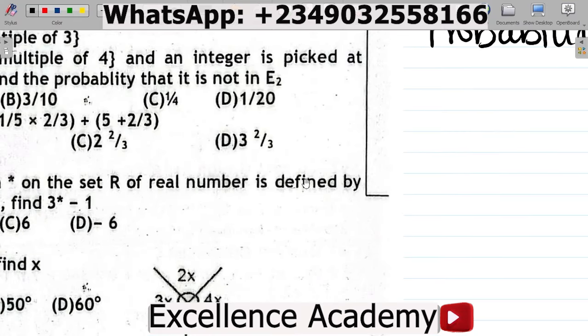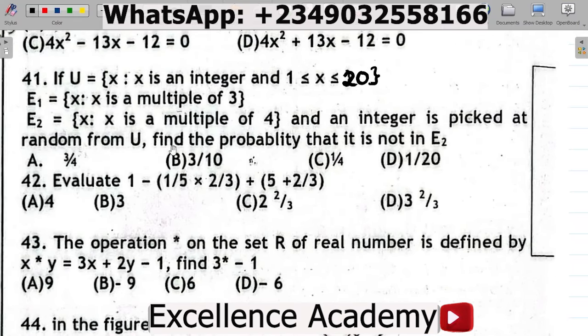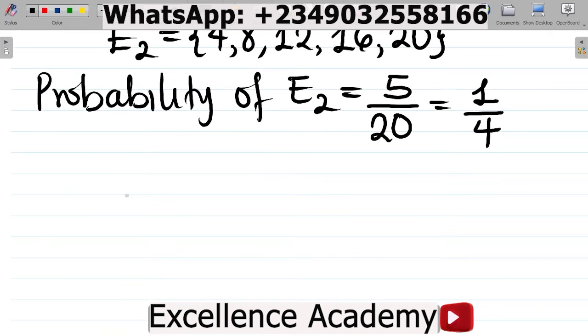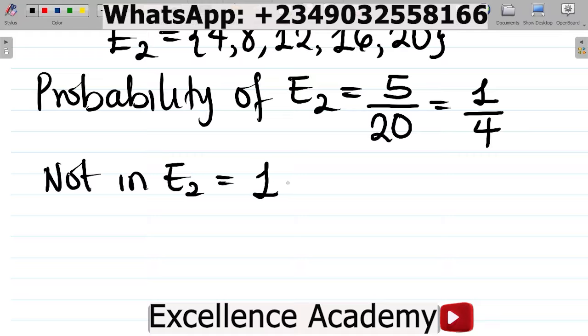But going back to the question, it said, find the probability that it is not in E2. The probability of not being in E2 is simply equal to 1 minus the probability of being in E2, which is 1 over 4. If you do this, take the LCM, which is 4.